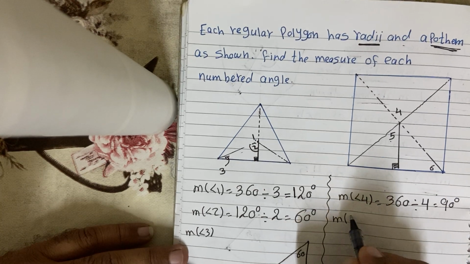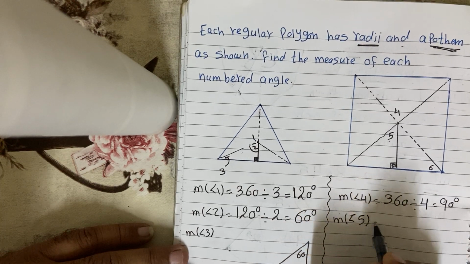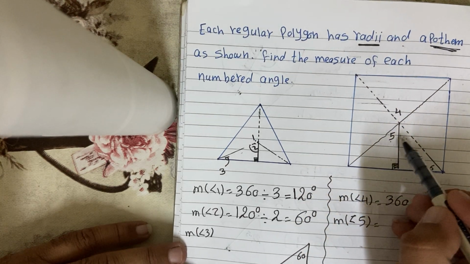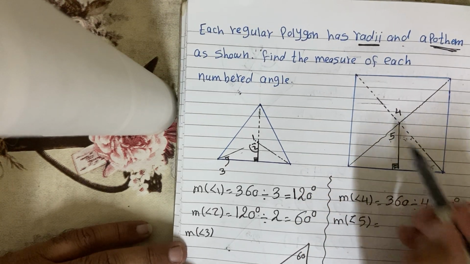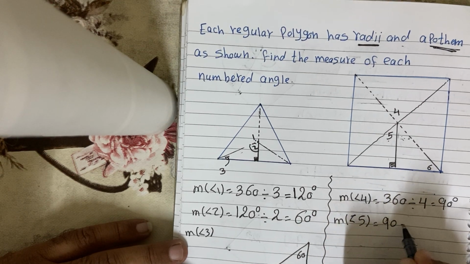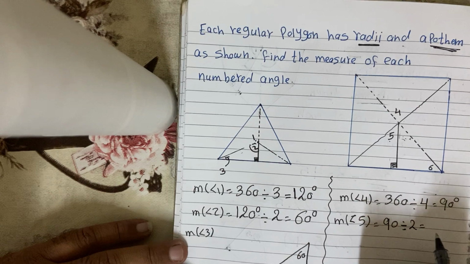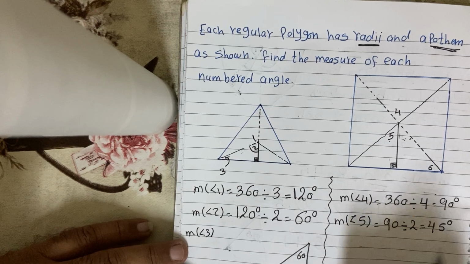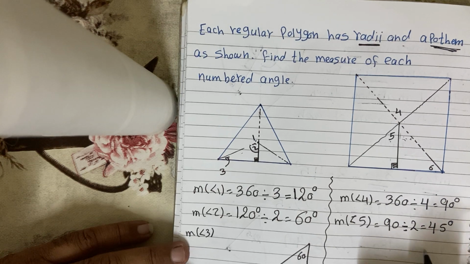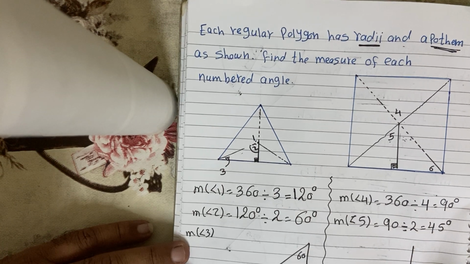Measure of angle 5, which is between the apothem and radius. The apothem divides this angle into two congruent angles. So measure of angle 5 is 90 divided by 2, which is 45 degrees. What about angle 6? Angle 6 is inside a triangle like that.